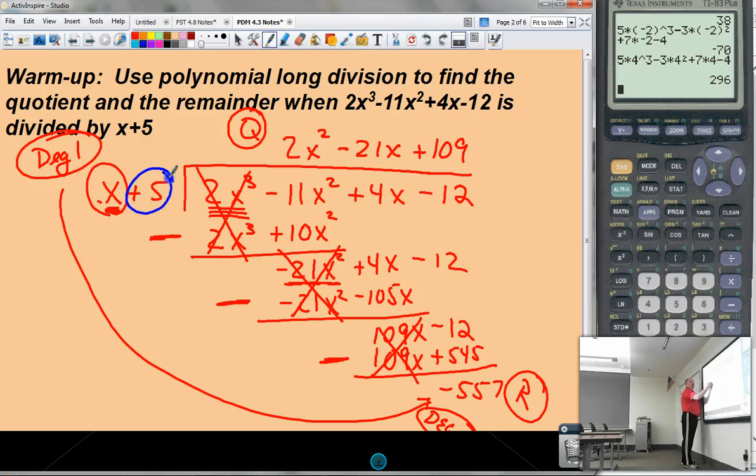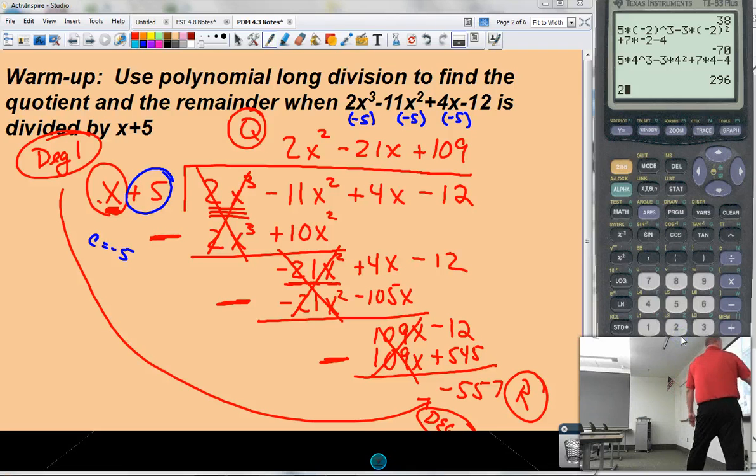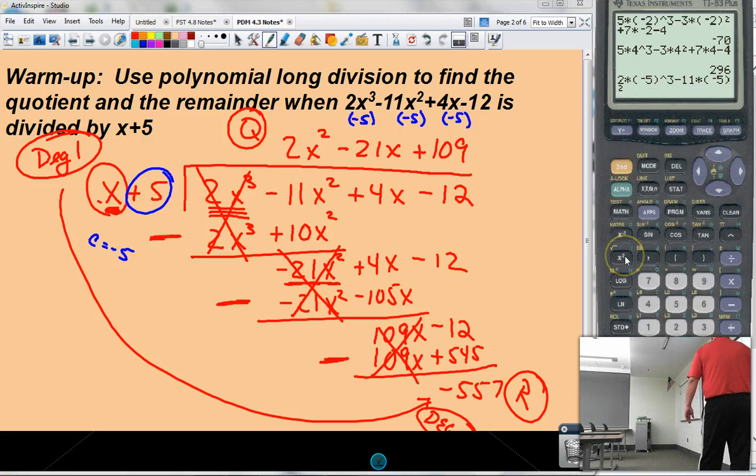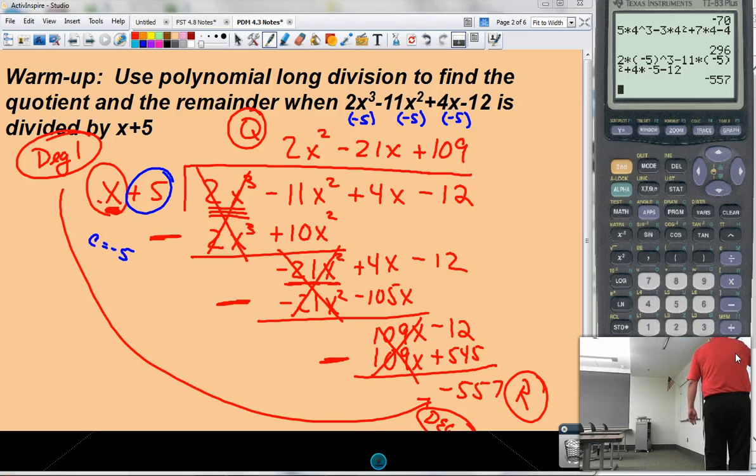If I would have taken here at this point and taken C equals negative 5 and plugged negative 5 in here for x, let's just check. 2 times parentheses, negative 5 close parentheses raised to the third, minus 11 times parentheses negative 5 close parentheses squared, plus 4 times negative 5 minus 12, negative 557.